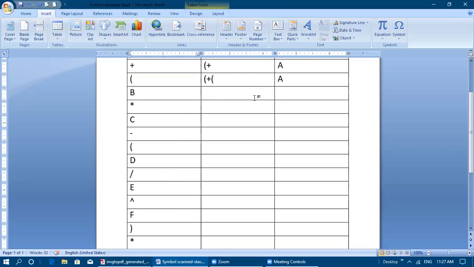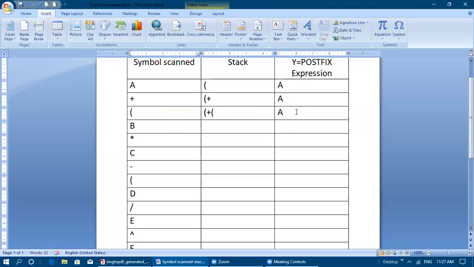Every operator needs to be popped out and assigned here in the y, the postfix expression. Now the next operand is encountered. If an operand is encountered, you add it to the expression, so after a, b is inserted.